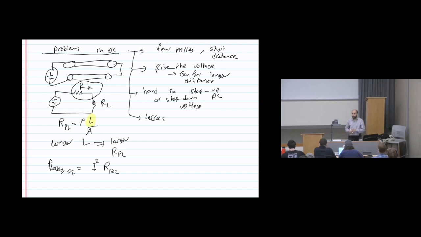So most likely you are supplying the losses, not the load, which is something that we don't want. That makes a limitation. So at this time, how did Edison overcome this problem? Basically, he tried to make every city have its own generator.